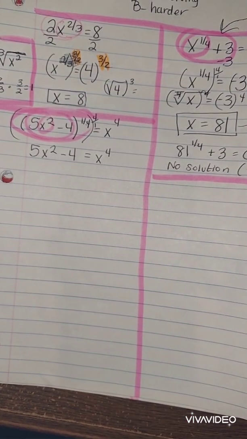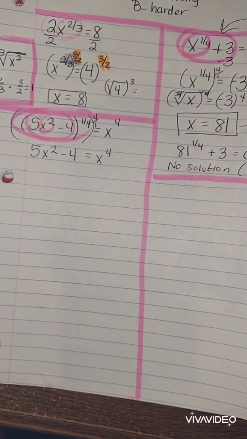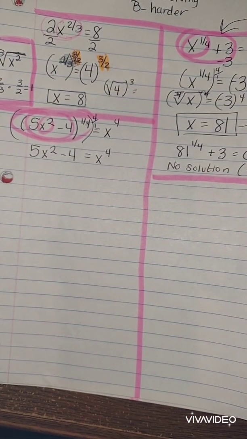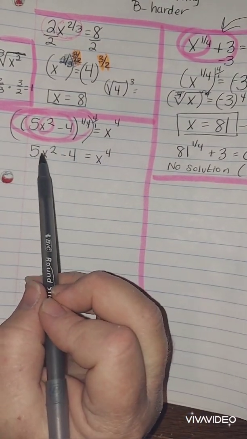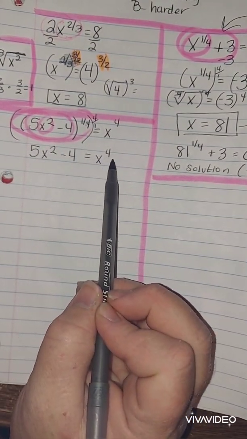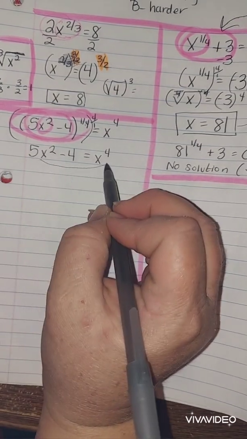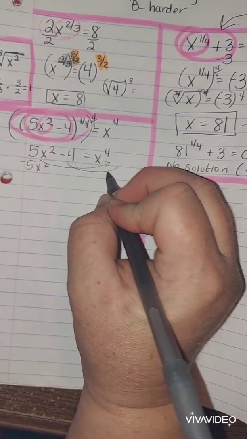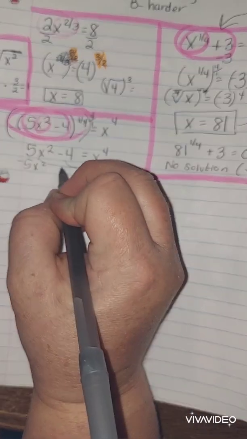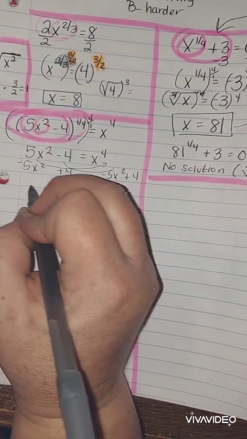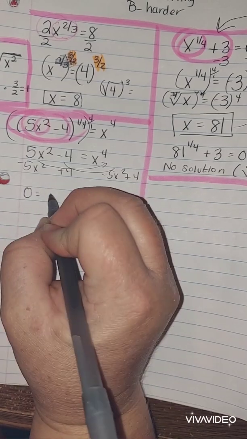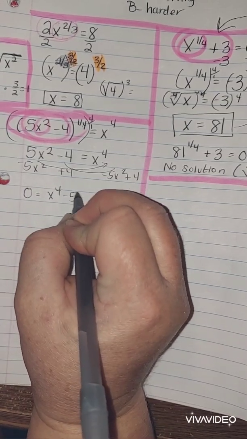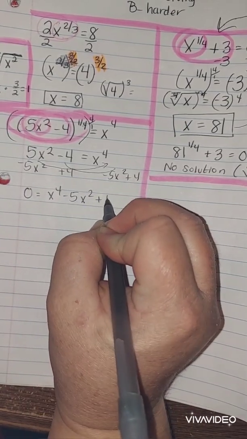Now, don't groan. Here's what's going to happen. If I have x to the 4th, I'm going to move everybody over to this side, and I'm going to factor. So I'm going to minus 5x squared, and I'm going to add 4, and I'm going to tell myself I am a factoring master, and I can do this.